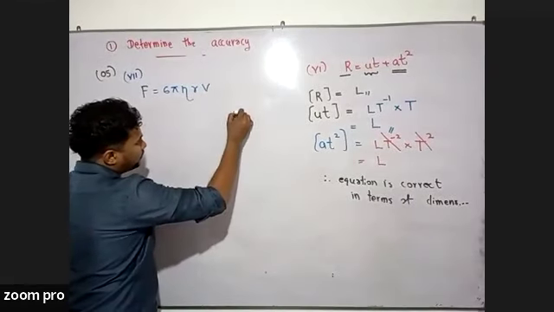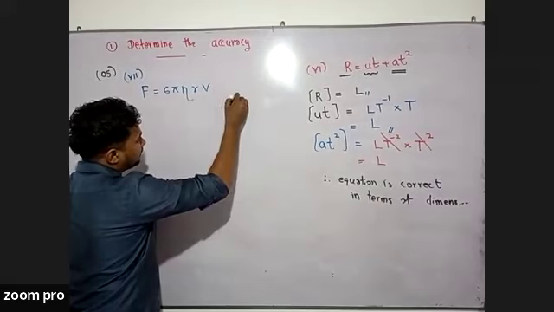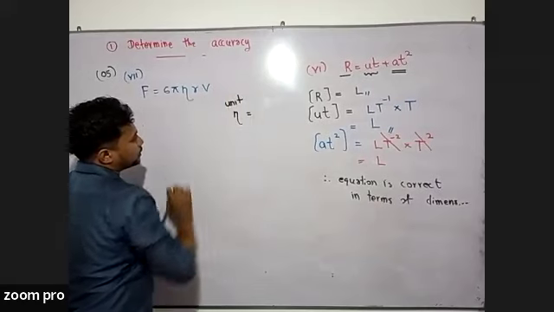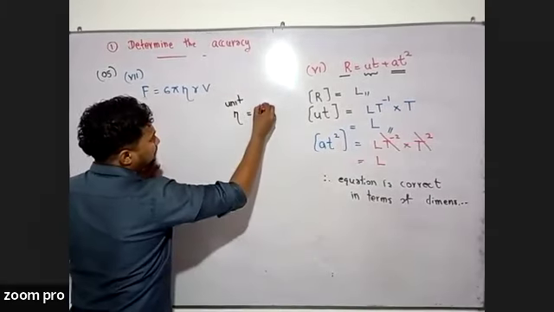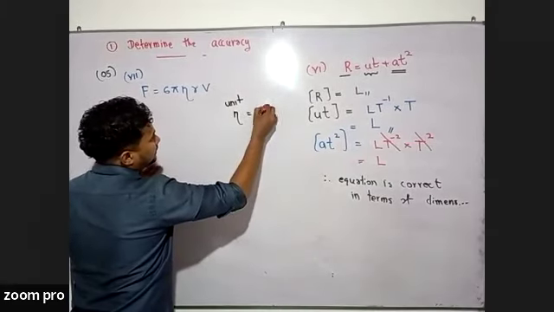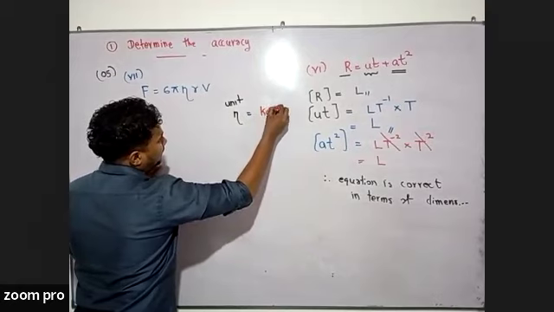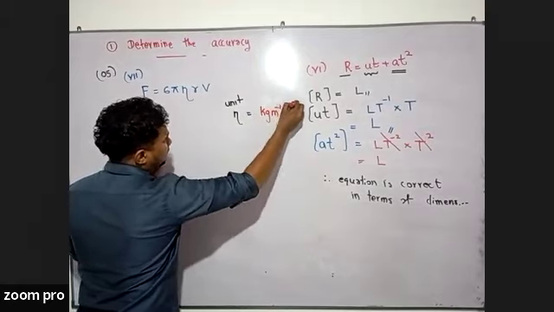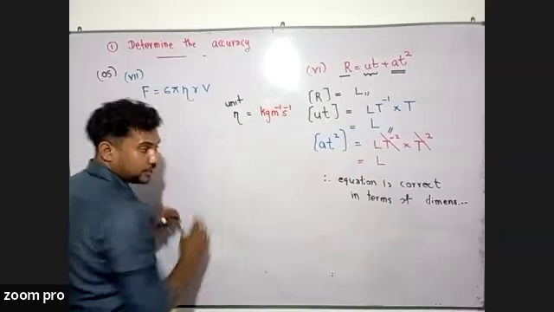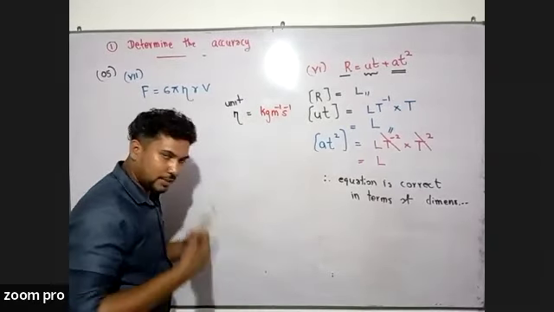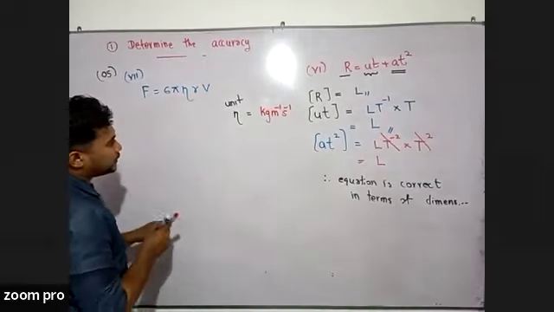For that you have to know the units of this coefficient of viscosity. Guys, what is the unit of the coefficient of viscosity? Just try to remember. That is kg m^-1 s^-1, isn't it? By looking at the unit, you can figure out the dimensions of the coefficient of viscosity.